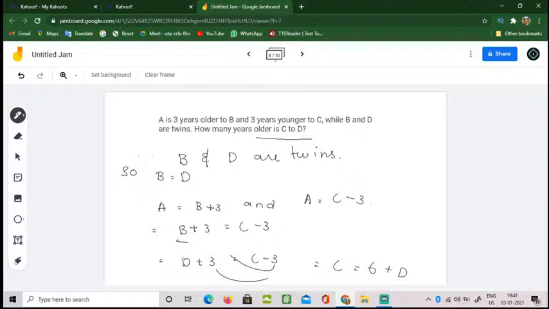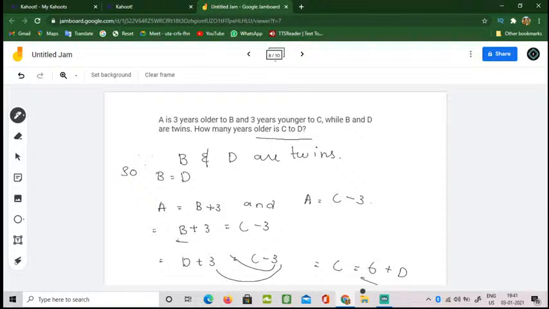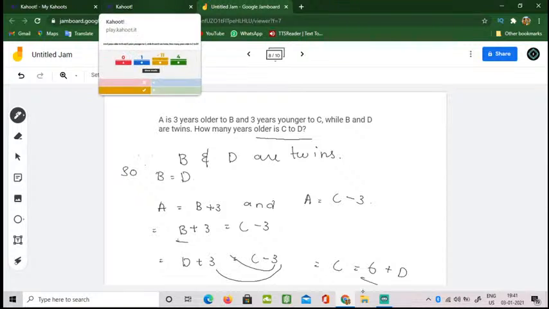If we take this 3 across, we get the answer as 6. So that's all about this question. I hope you all got it. Here C is 6 years older to D. That's all about this question.